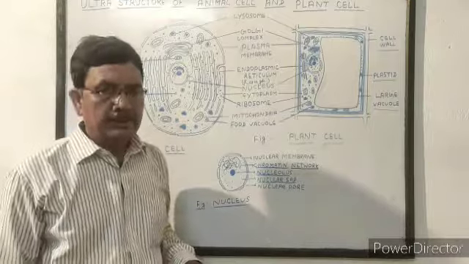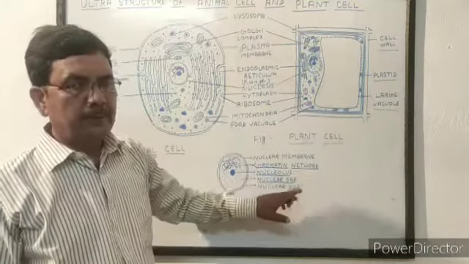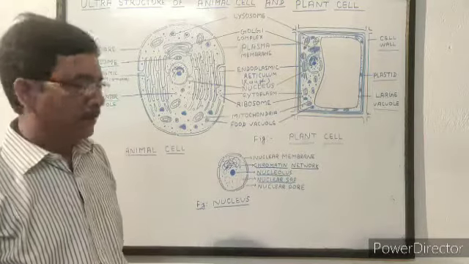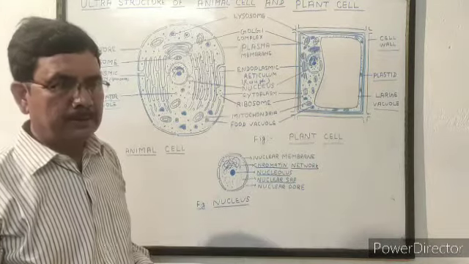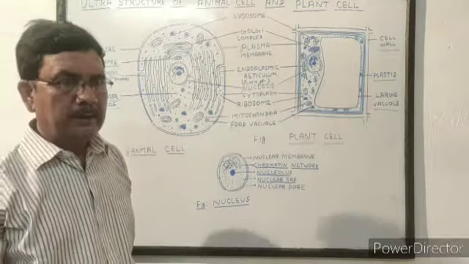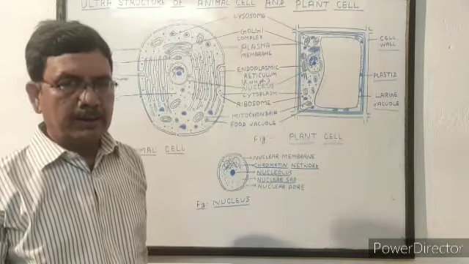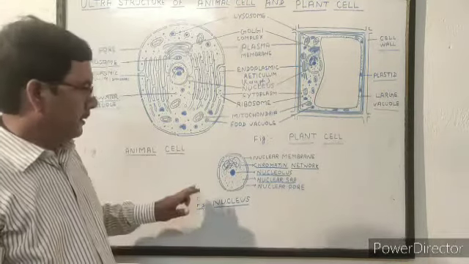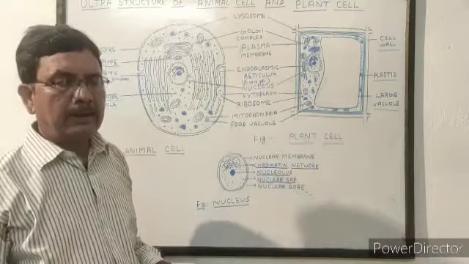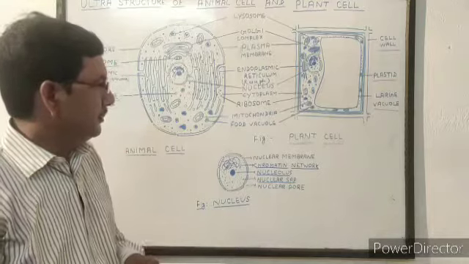During cell division, the chromatin network condenses and separates to form chromosomes. Chromosome number is constant in a particular species, and due to constant number in a particular organism, their characters are different from each other. Several organisms differ in character due to their difference in chromosome number.